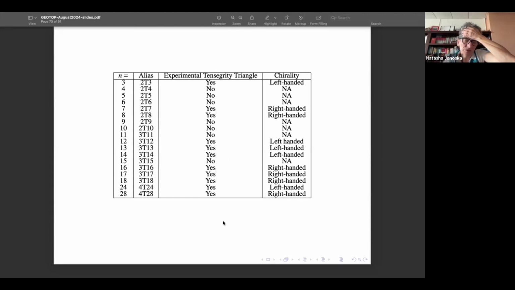Different chirality happened to appear with these triangles. If I look at the chunks of 10 in the nucleus between the two junctions, say 10, 20, 30. In the first third, like 2, 3, 4, 5 usually doesn't work, but 3, 4 or 2, 3 works. So 3, 12, 13, 14, they work.